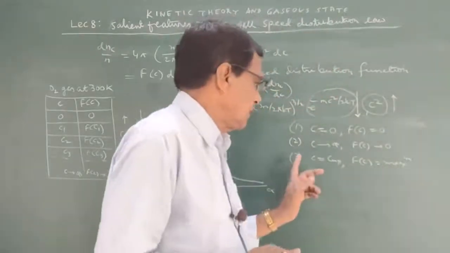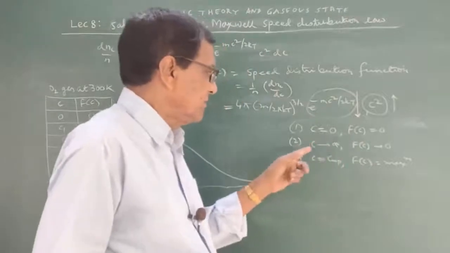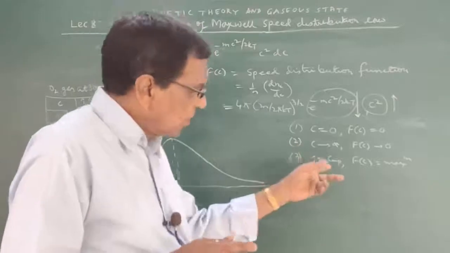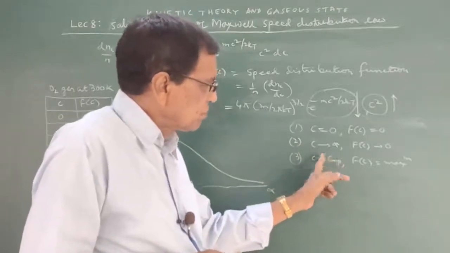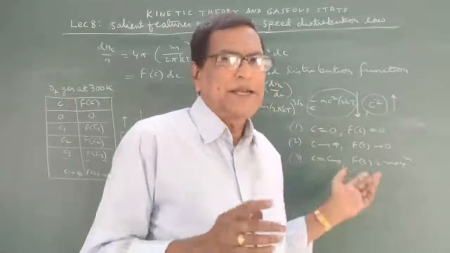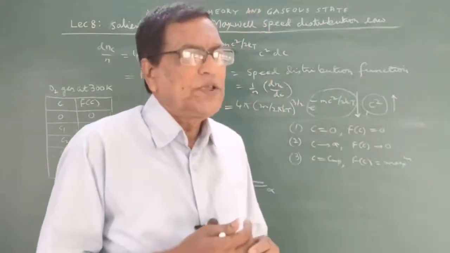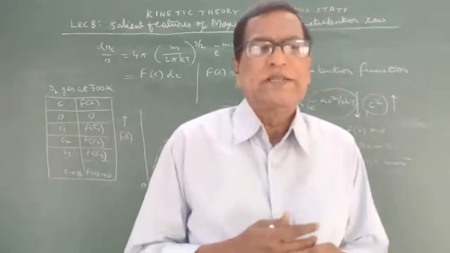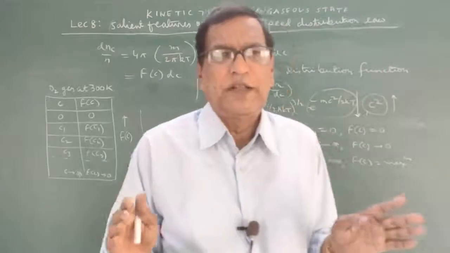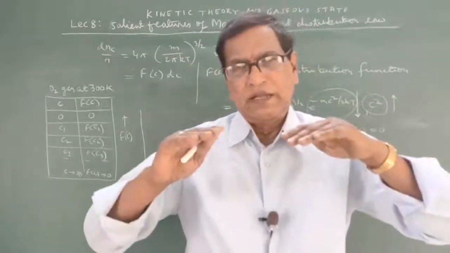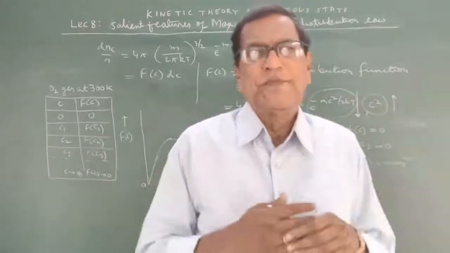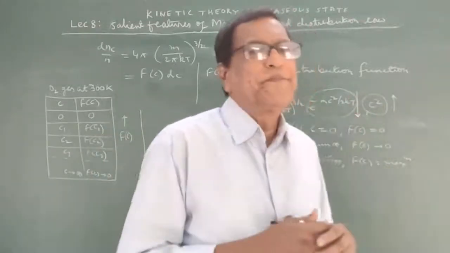And the third one: at a particular speed, which we call the most probable speed, the maximum fraction will have that speed. You can see this type of information is also very popular in the financial or economic scenario of a country.